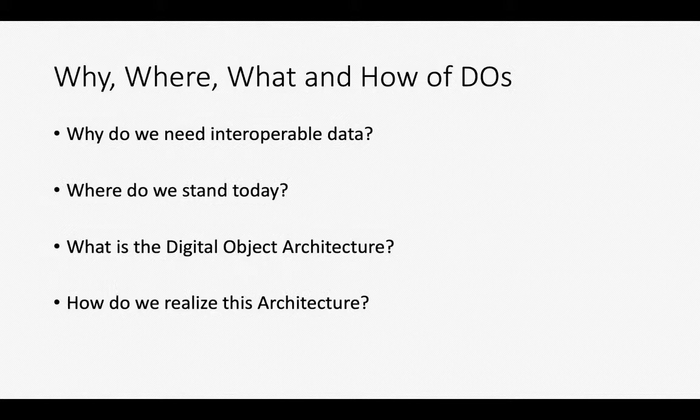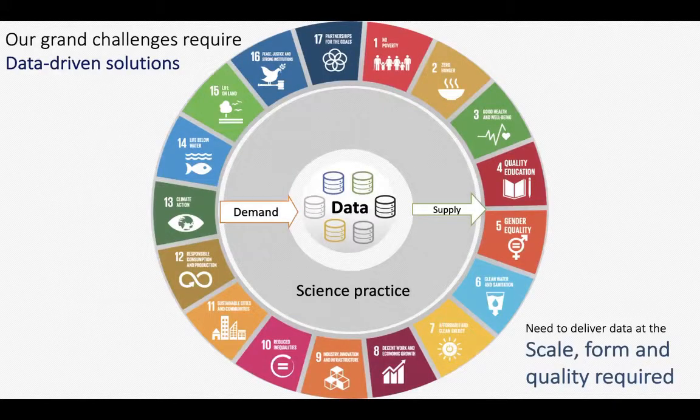So we'll start with the UN Global Goals for Sustainable Development. And I think everybody can agree that the grand challenges require some data-driven solutions. If you go around each of these items on the UN's goals for sustainable development, you'll see where data can potentially affect them.